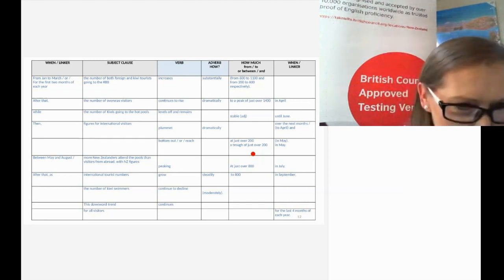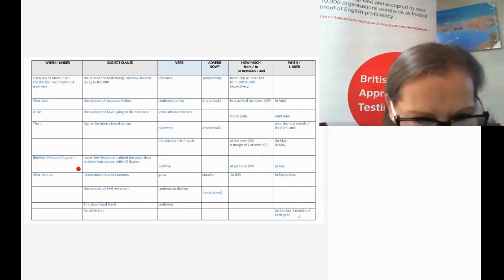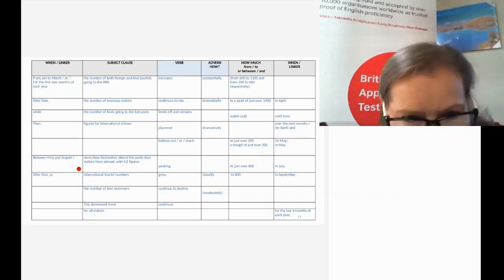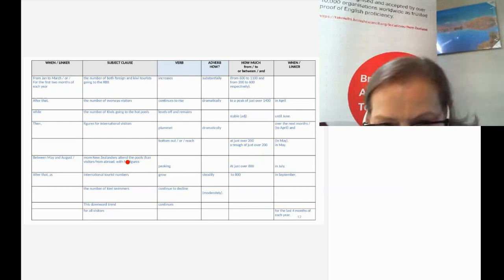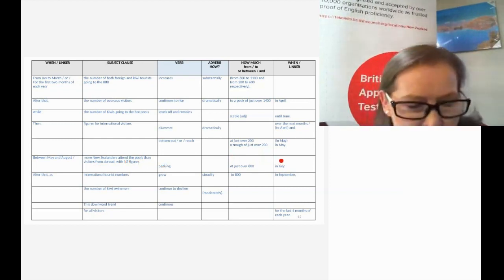And then we could say between May and August, more New Zealanders attended the pools than visitors from abroad, with New Zealand figures peaking at just over 800 in July.